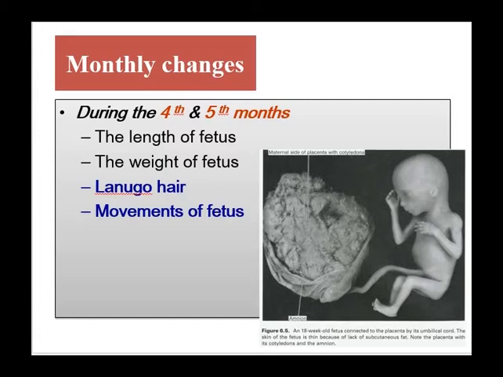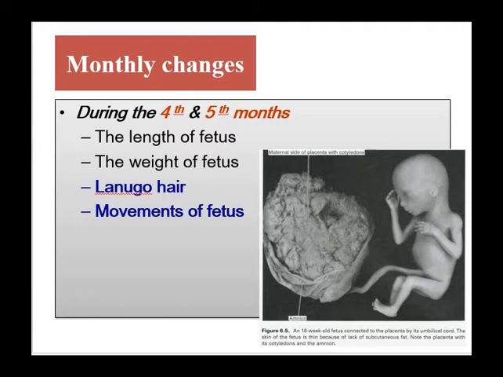Regarding the fourth and fifth months of gestation, we can see the fetus also increases rapidly in length, and the crown-rump length is around 15 centimeters.